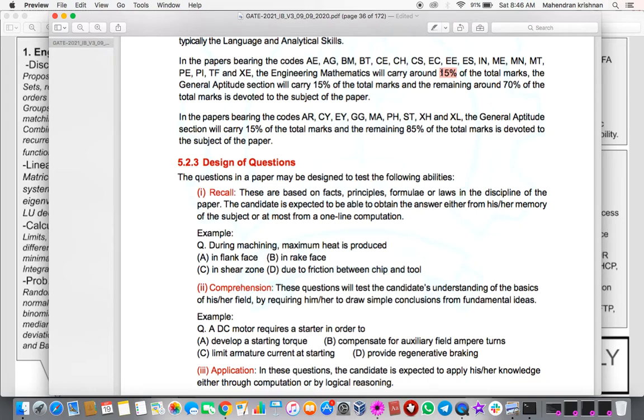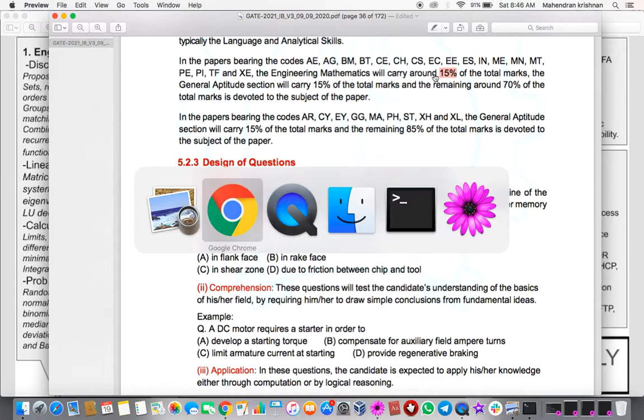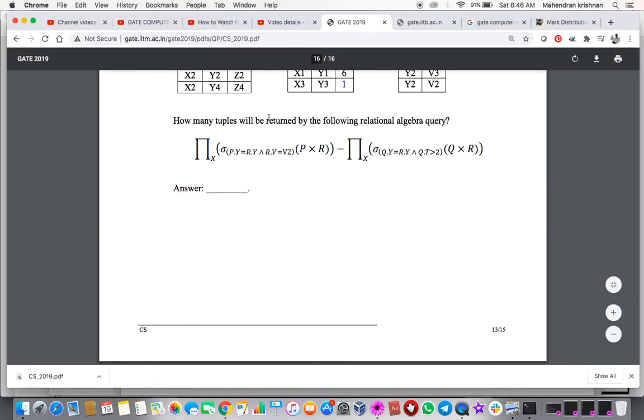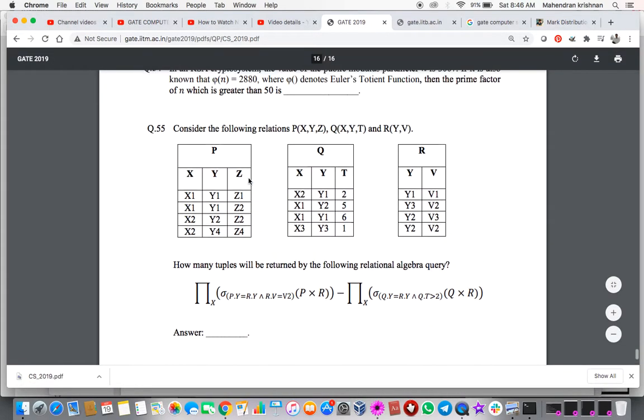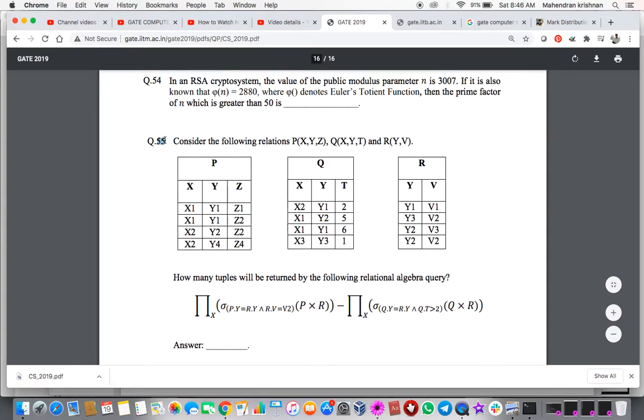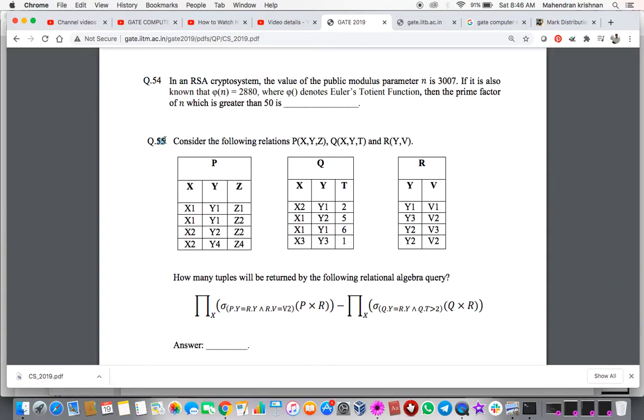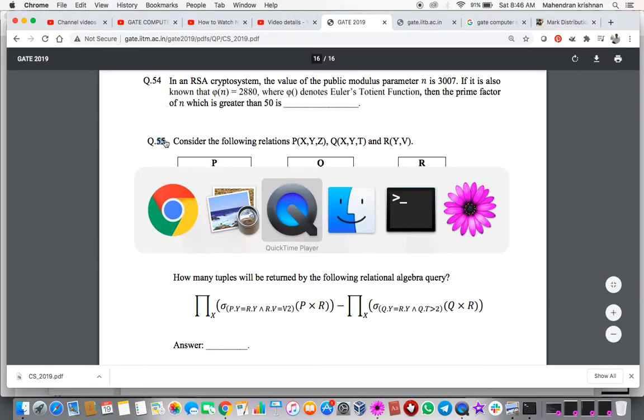Let me put it in simple words. 10 questions quantitative aptitude, 13 questions engineering mathematics, then 55. 13 questions engineering mathematics, then 55 minus 13 is 42. So 42 questions are individual subject. Okay, so let me write down here.